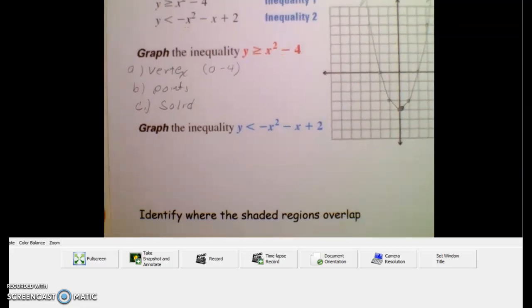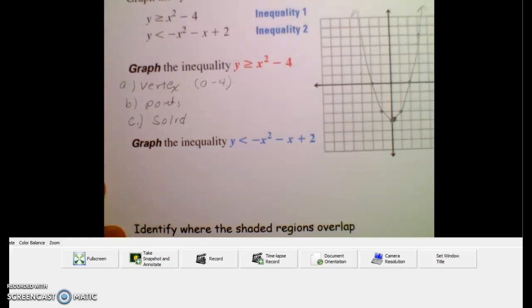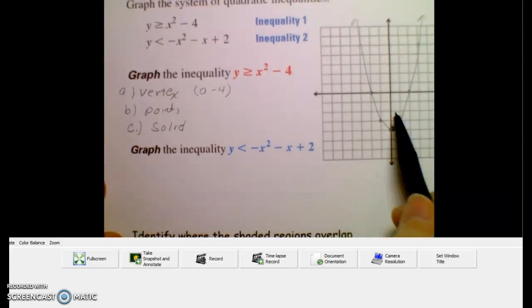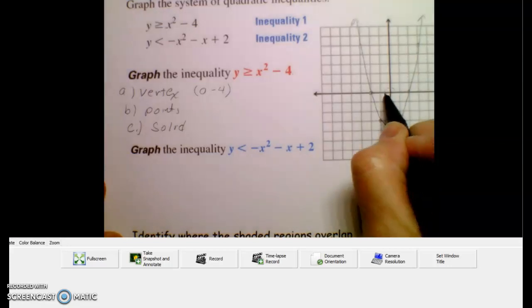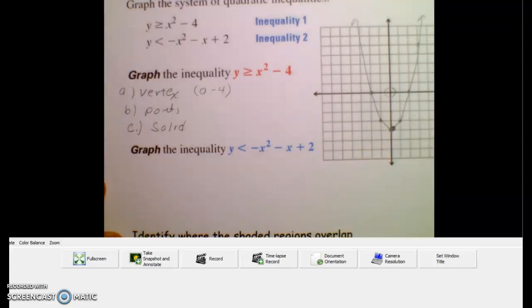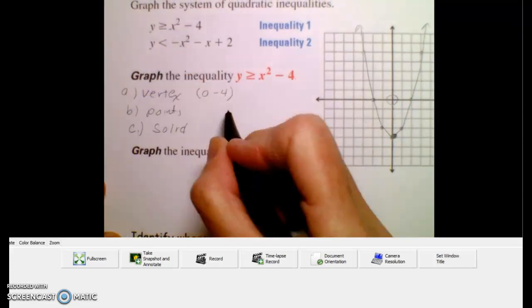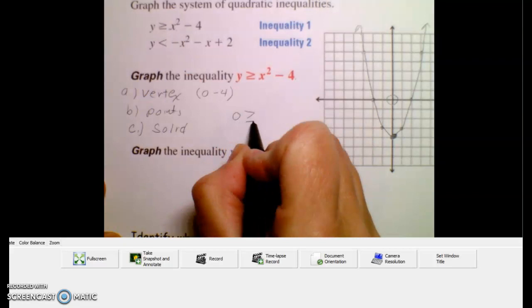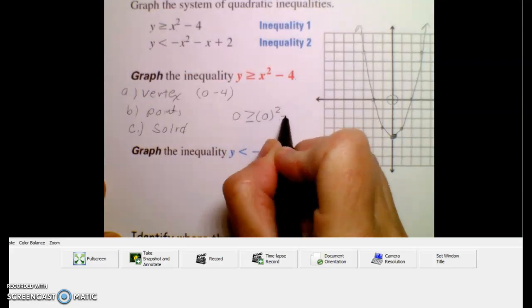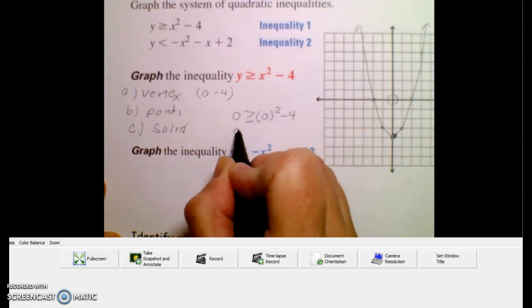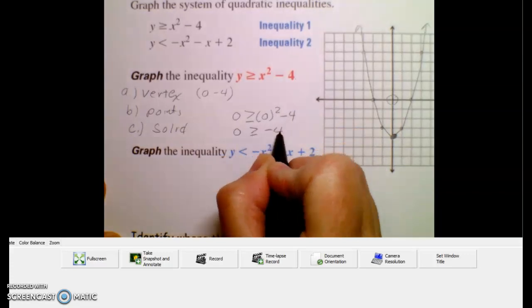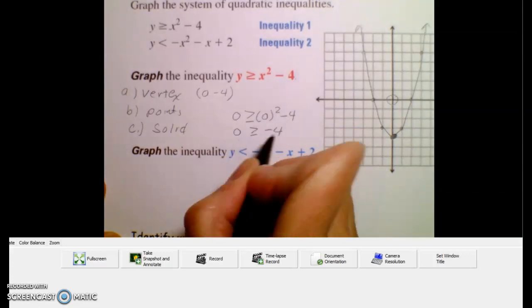I want to identify where the shaded regions overlap, but I need to figure out what test point I'm going to look at. Again, let's try 0, 0. So I'm going to put a 0 here and a 0 there. So 0 is greater than or equal to 0 squared minus 4. 0 is greater than or equal to -4. That's true.